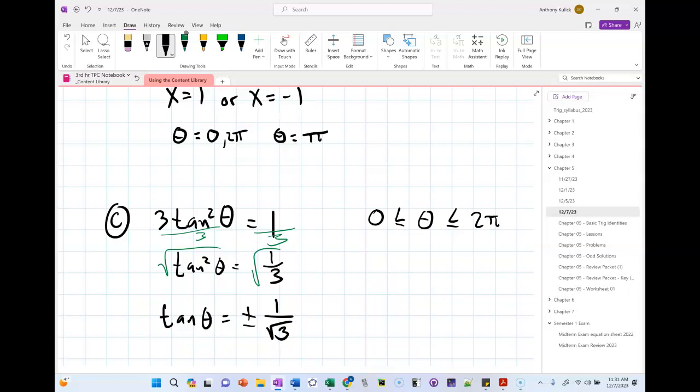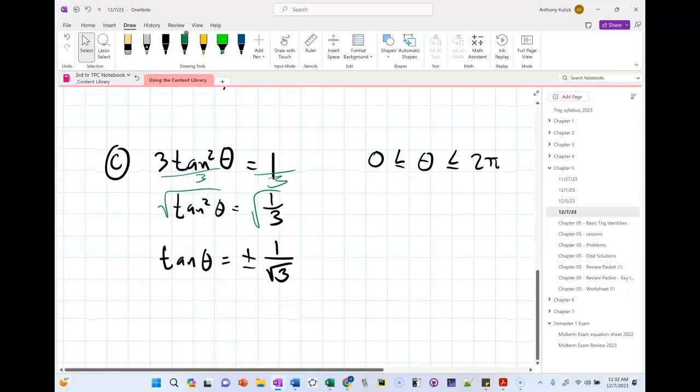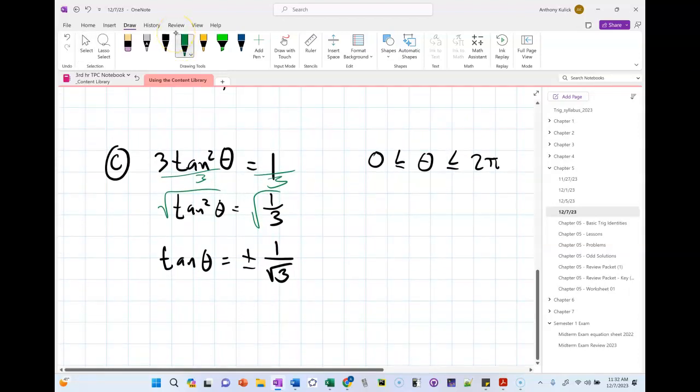Okay. So now what are we going to do? I mean, you can. I wouldn't worry about it because this is not a final answer. If it's not a final answer, I don't care if there's a radical in the denominator.